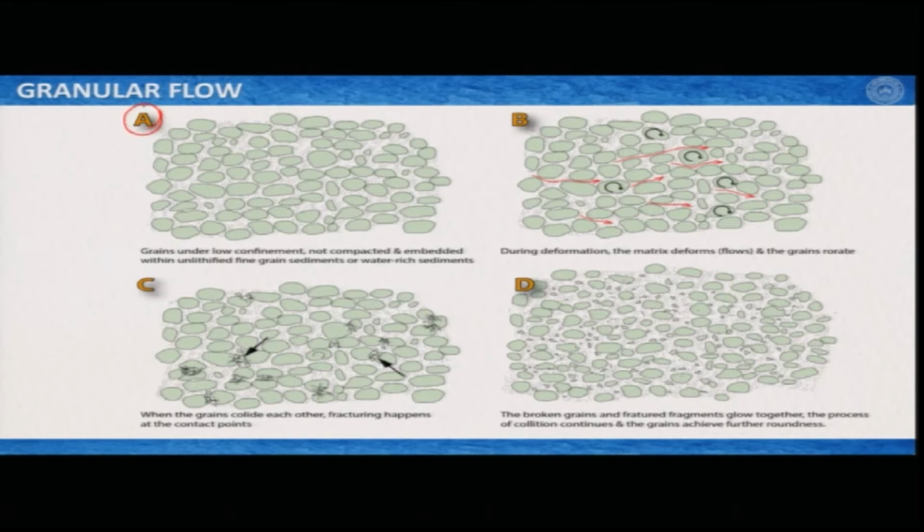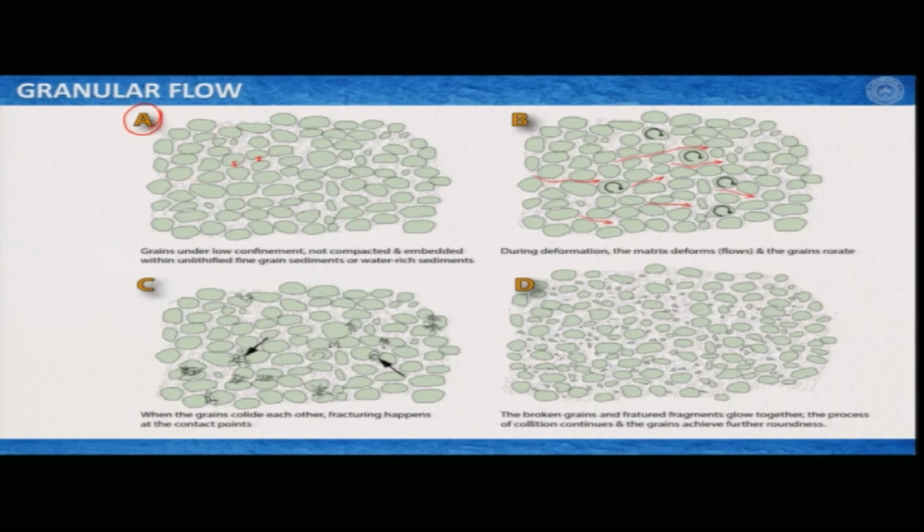This is illustration A, where the grains are under low confinement. They are not compacted, so they are not lithified, and they are embedded with unlithified fine grained sediments or water rich sediments, which are the little dots. As you can see, because the grains are not lithified, they have ample spaces between them. If a deformation is applied and the overall confinement is very low, what happens?